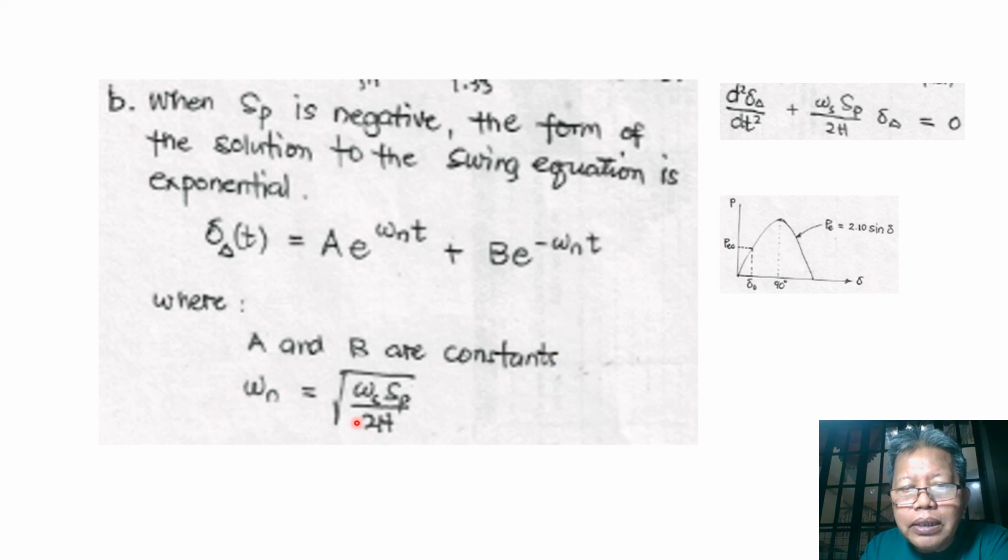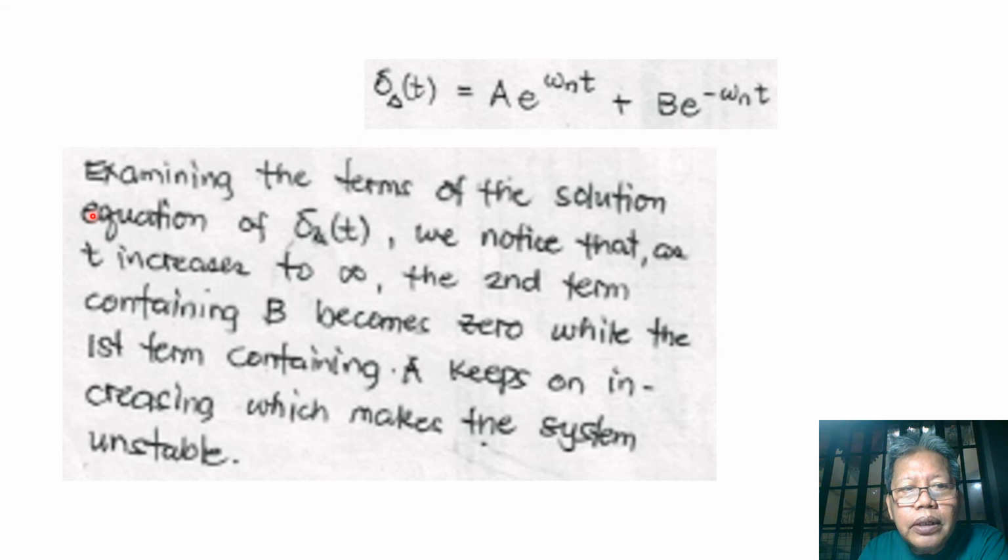Now omega n is the square root of omega s Sp over 2H. Now, examining the terms of the solution equation of our delta delta, we notice that as t increases to infinity, the second term containing B becomes 0, because we have here e to the minus omega n t. As t increases to infinity, this becomes a big negative number, so e to the minus a very big number is nearly equal to 0.